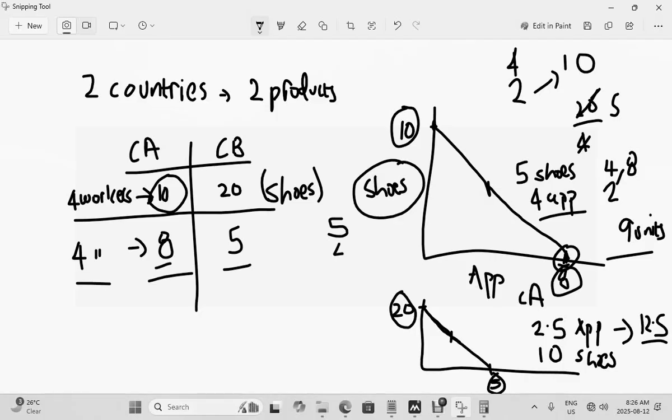So a total of 9 units. And over here, you've got a total of 10 plus 8, which is 18 units.